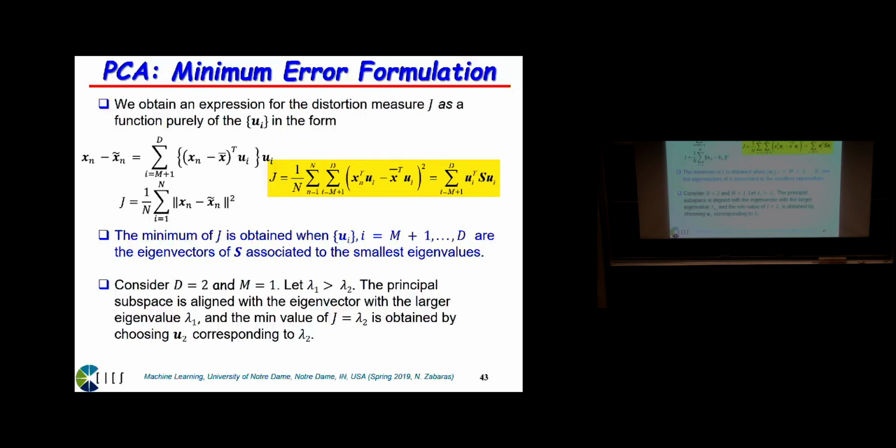Now, without repeating any minimization problem, if you extrapolate from the previous formulation where we maximized the variance of the projected data, and look at what I have here, ui transpose S ui, can you tell me what you are going to get when you minimize this, with the assumption that the ui are orthonormal?